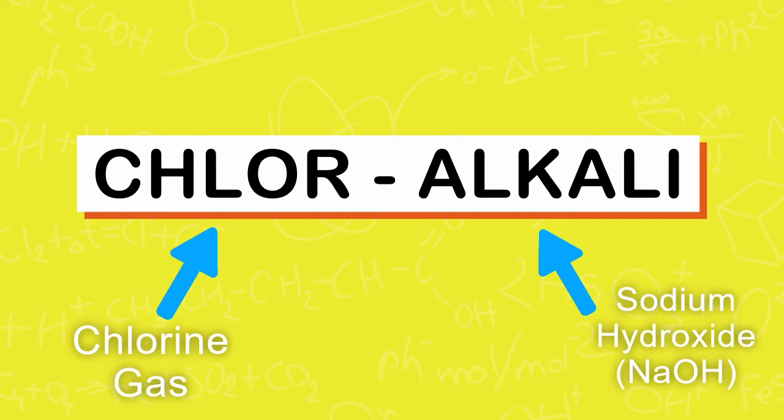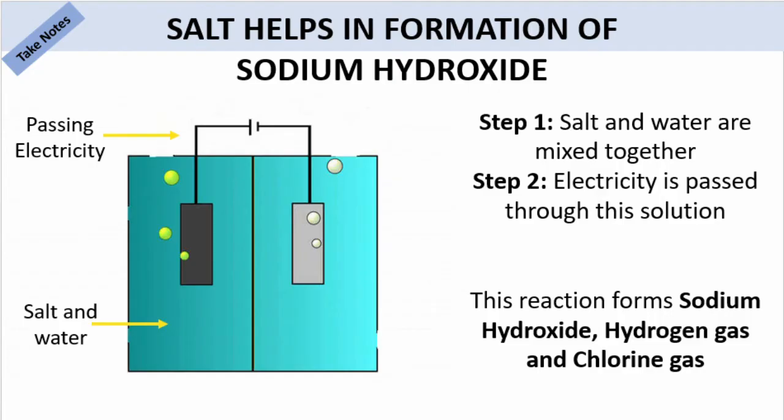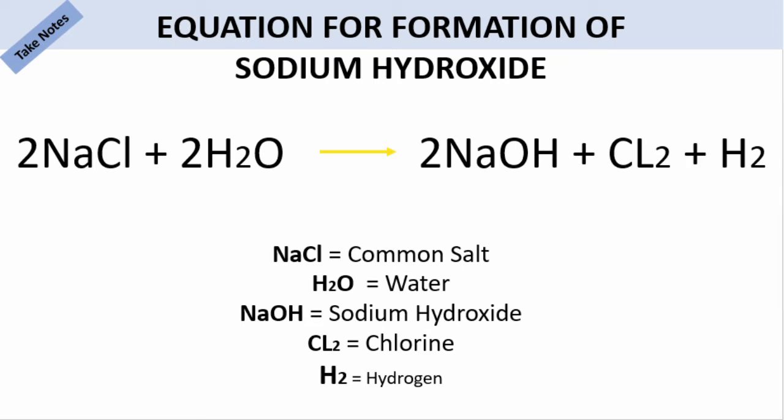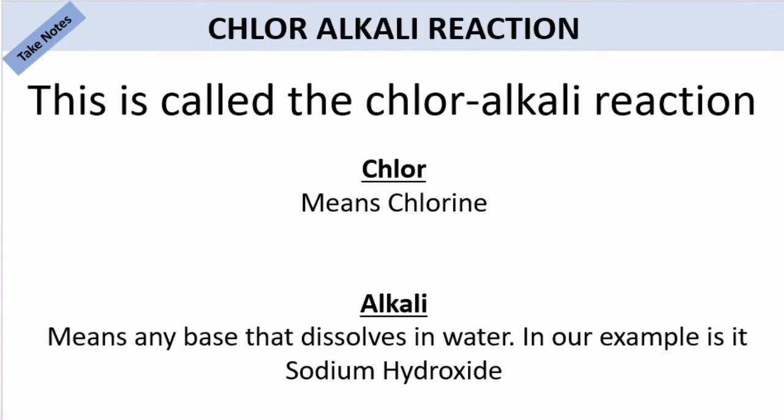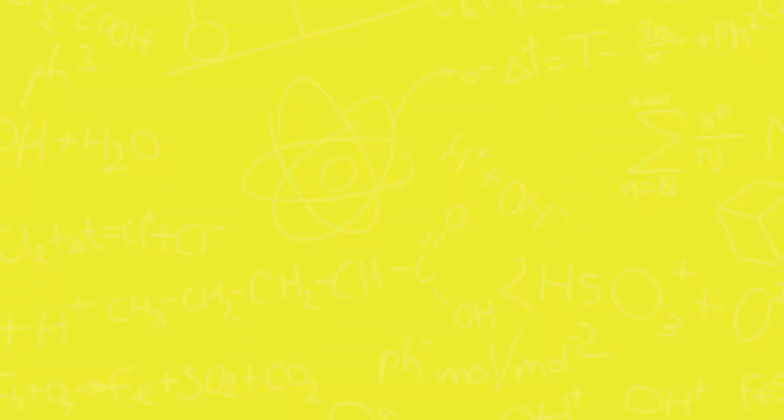Not all bases can mix with water, some of them can, and those are called alkalis. So this is the first use that we can tell. We use sodium chloride to get the base sodium hydroxide.